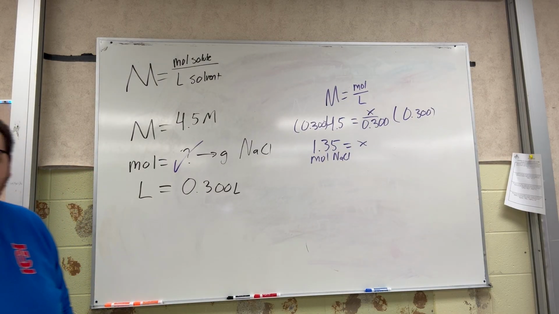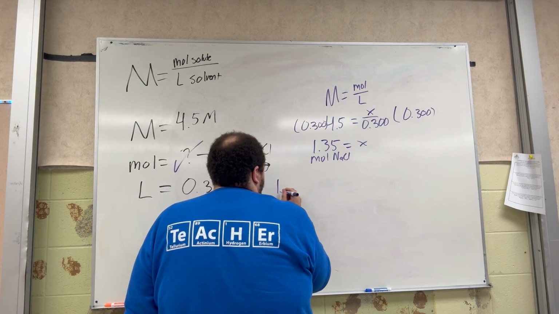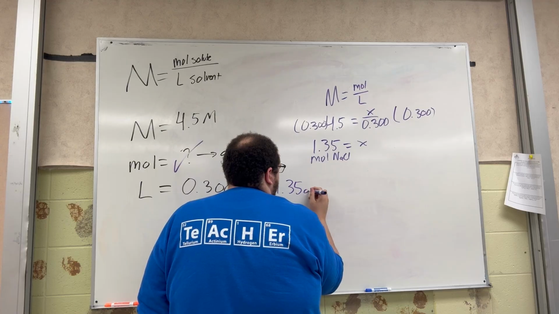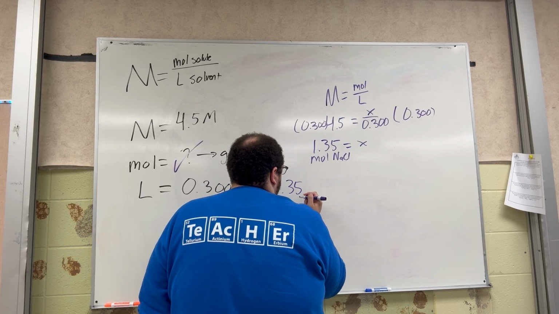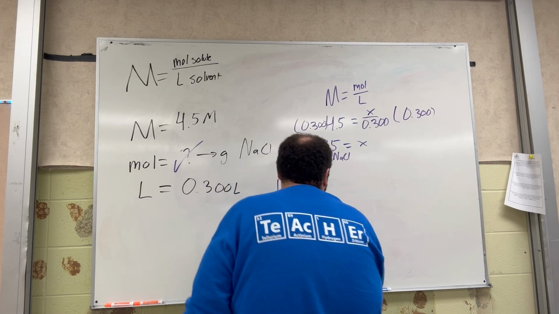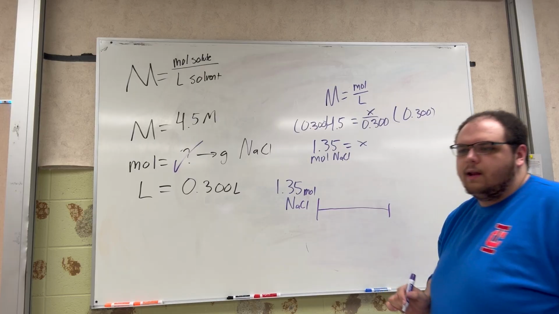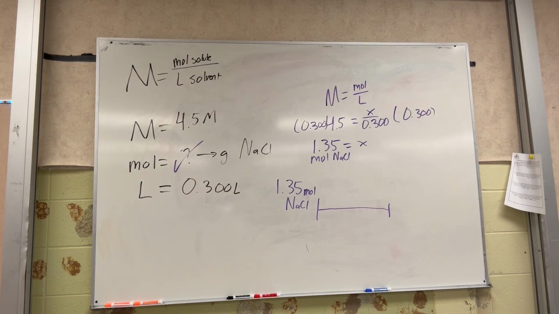Hey, who remembers how to set up a stoichiometry problem? Start with your given. In our case, our given is what we just solved for: 1.35 moles of NaCl. Draw your grid. The good thing here is your grids are only going to be one step. We're keeping it nice and easy.